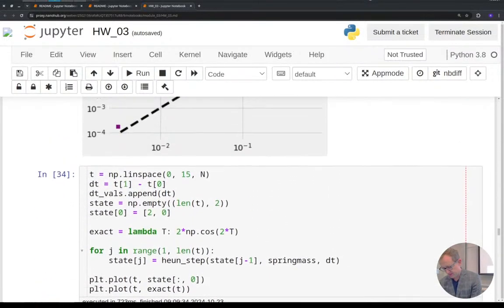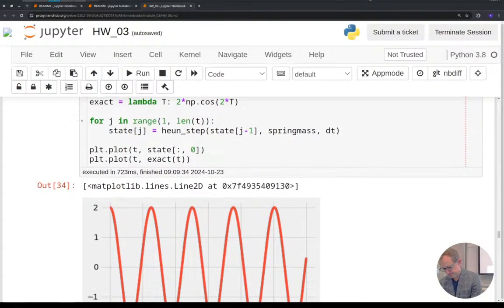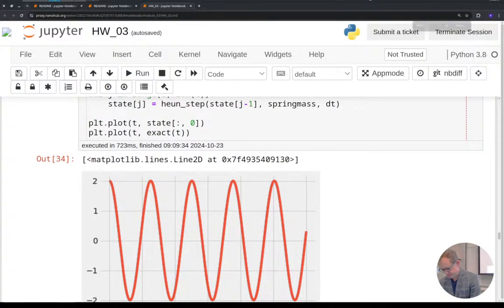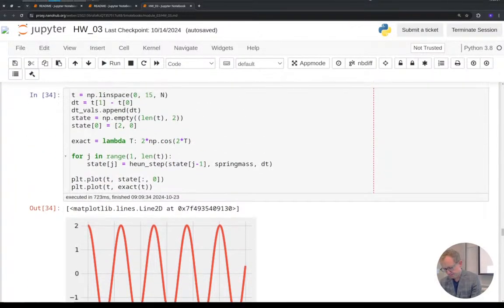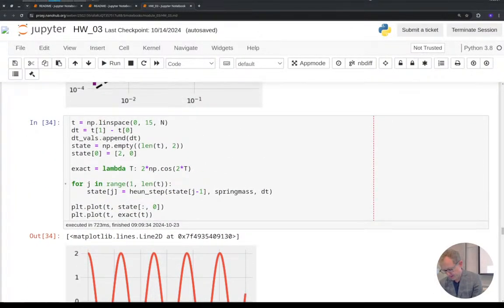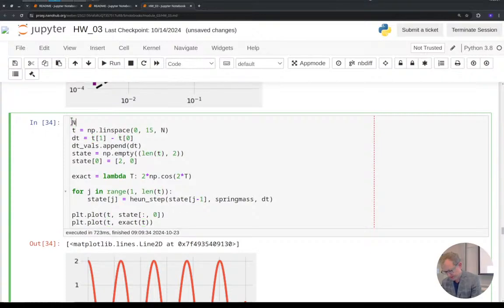Coming back up. When we were just looking at a spring and a mass integrating with that Heun step, I'm going to change this.